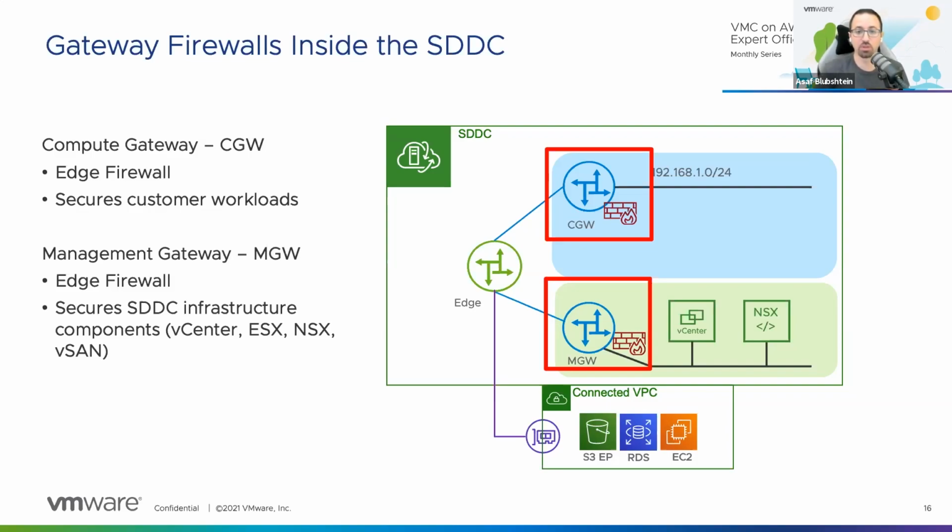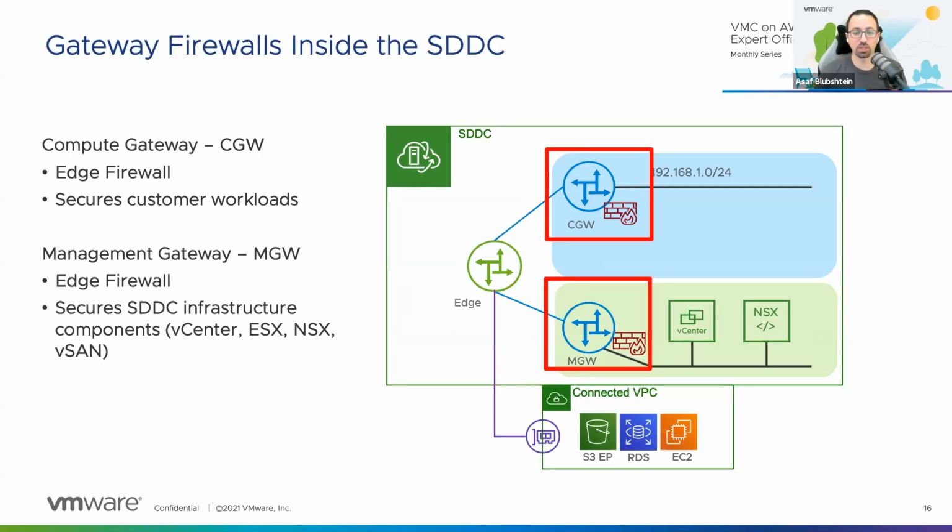So for example, if I have multiple segments connected to my CGW, let's say 192.168.1.0 and 192.168.2.0, the CGW firewall doesn't control any traffic between those two segments.